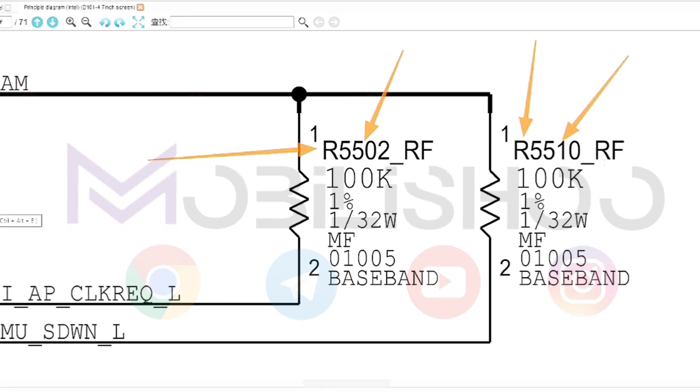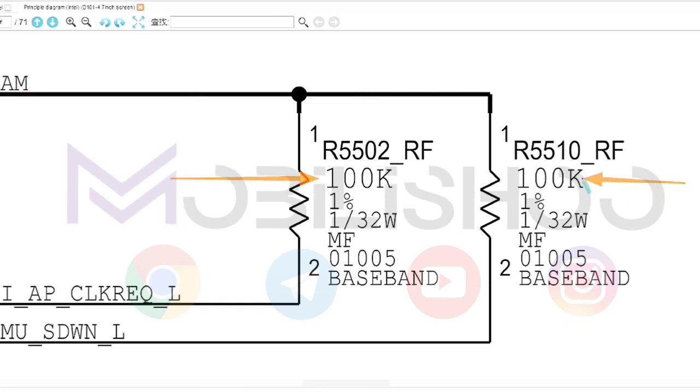We will examine the parameters of the resistor. The unit of measurement for our resistors is ohms. The first number below the resistor number is our ohm value, which here is 100 kilo ohms.